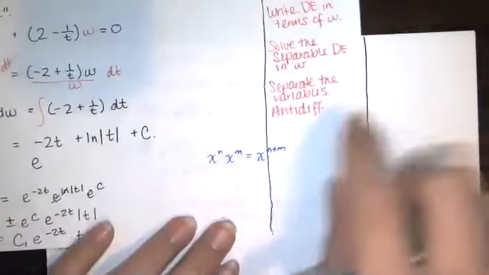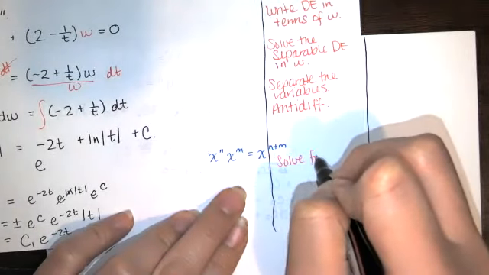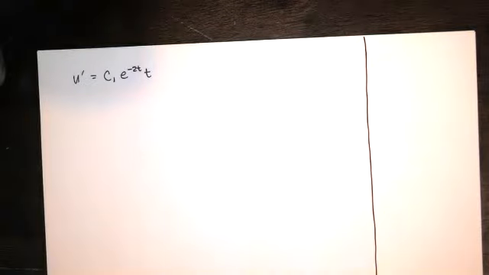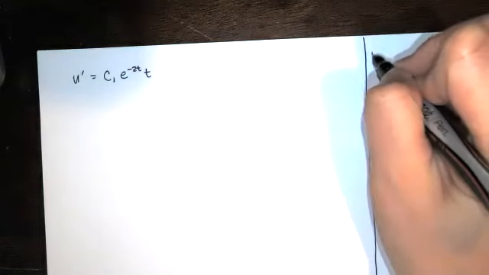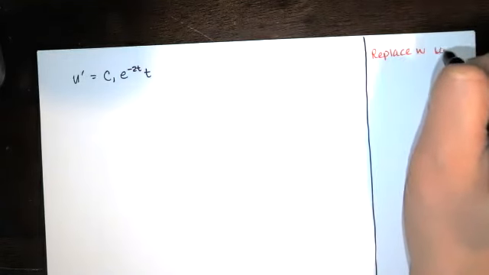I forgot to write down, we anti-differentiated both sides, and then we just did some algebra to solve for w. Okay, now we're here. So we back substituted. We replaced w with u prime.